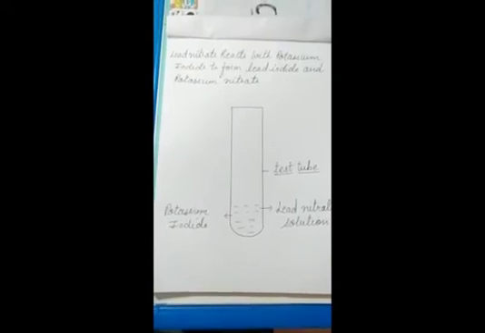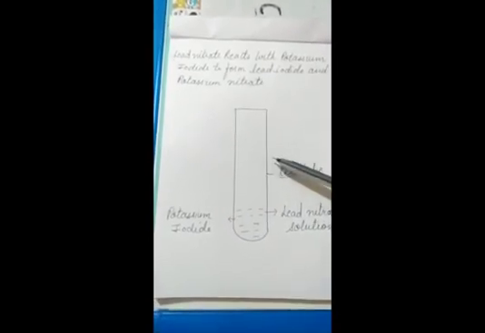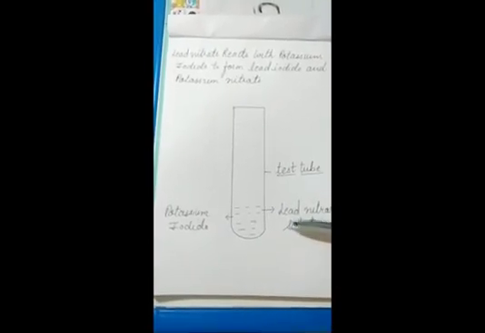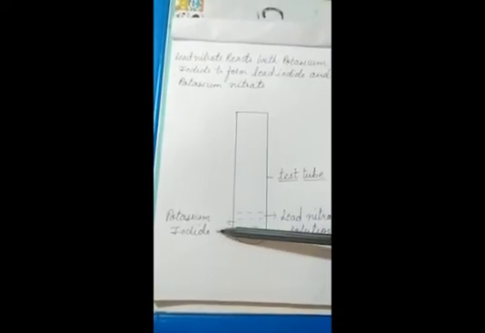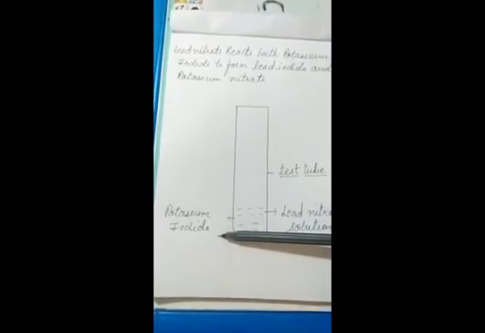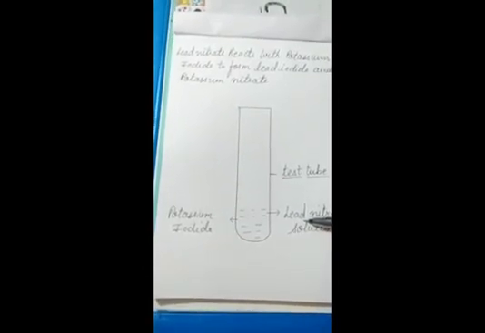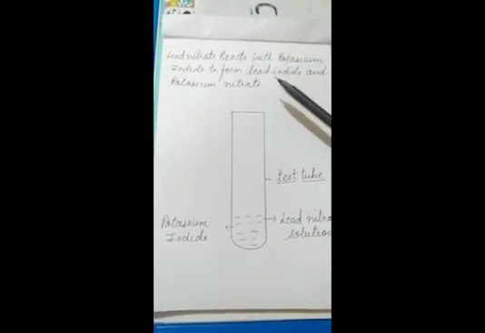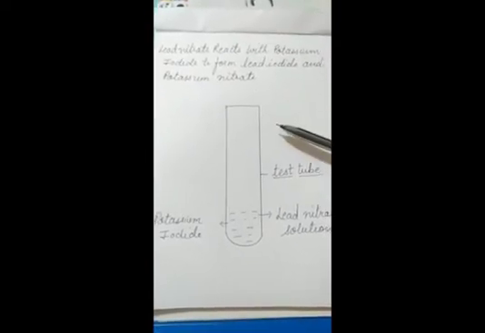Let us take the third activity given in your book. Here you can see a test tube. In this we have taken lead nitrate solution, and to this lead nitrate solution we have added potassium iodide solution. A reaction will take place between lead nitrate and potassium iodide, and as a result new substances, that is lead iodide and potassium nitrate, will form.